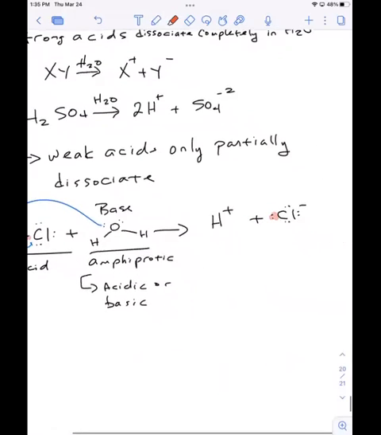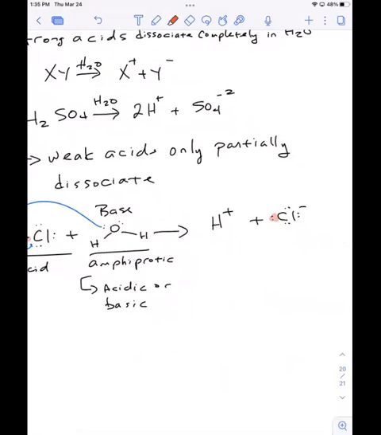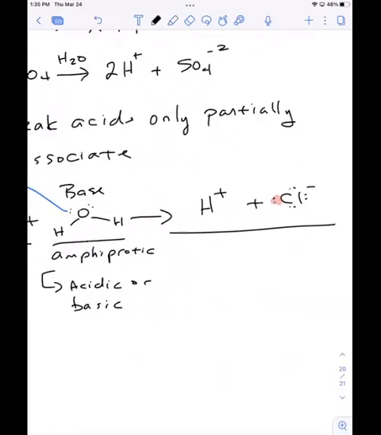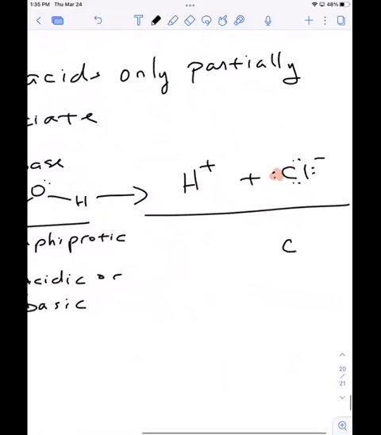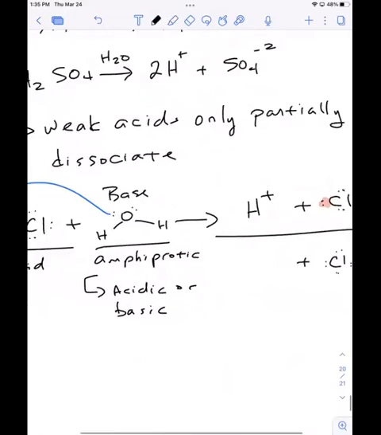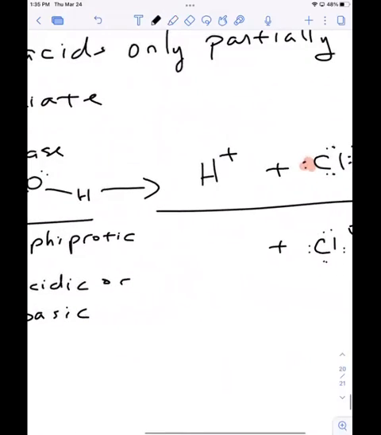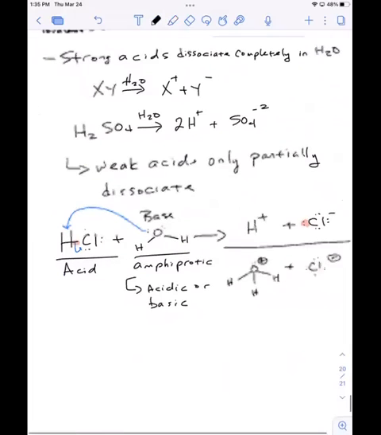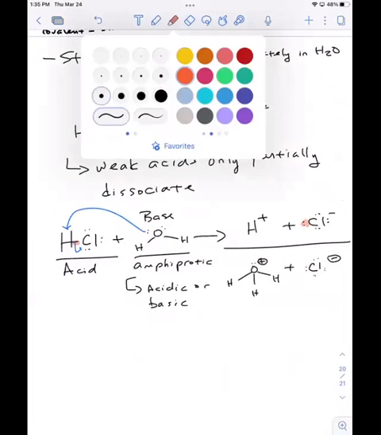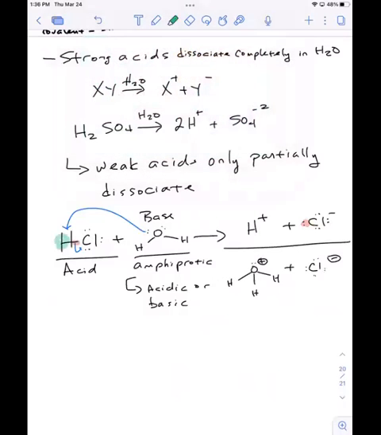But also you can think about this in terms of the acid base aspect, where you have Cl minus, and then plus H3O plus, because it's water that picks up that hydrogen. Let me highlight it. It's water that picks up this hydrogen.